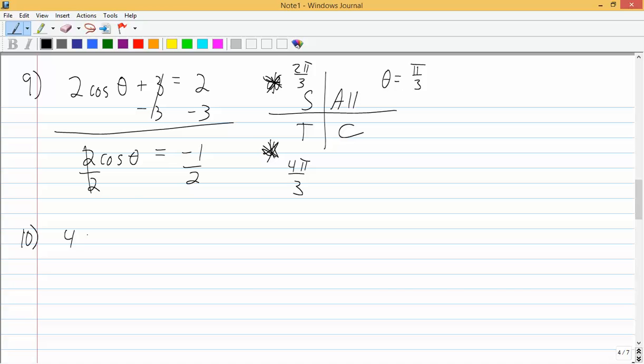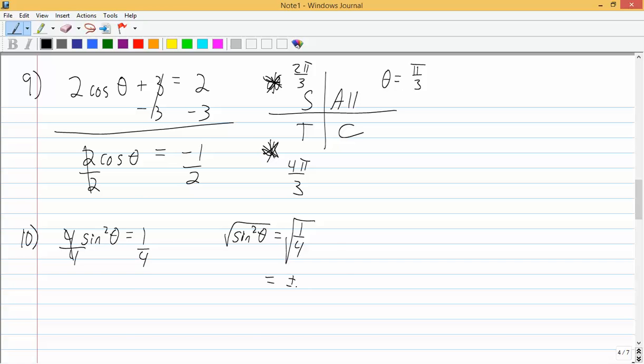Alright, number 10, 4 sine squared theta equals 1. Divide both sides by 4. You get sine squared theta equals 1/4. Take the square root of both sides.